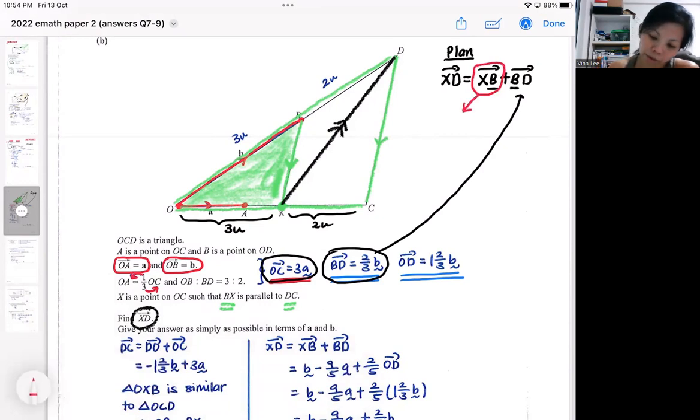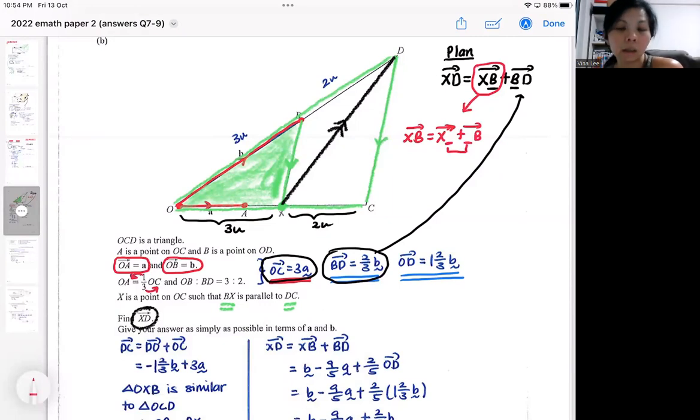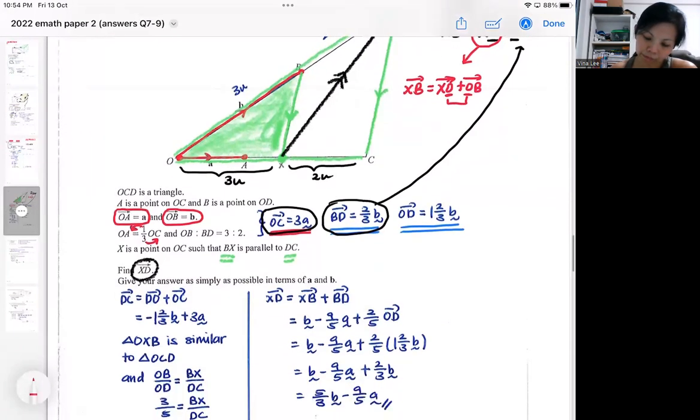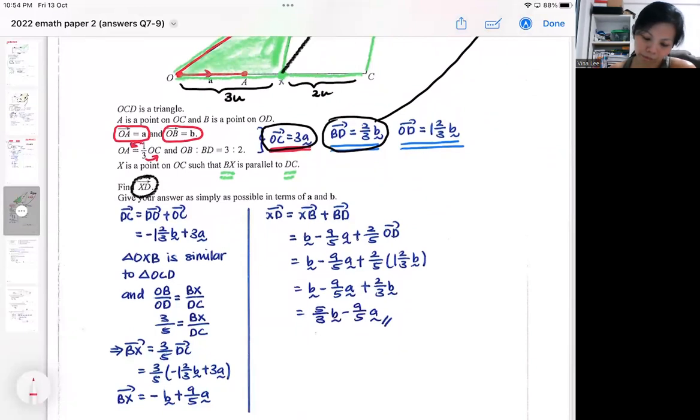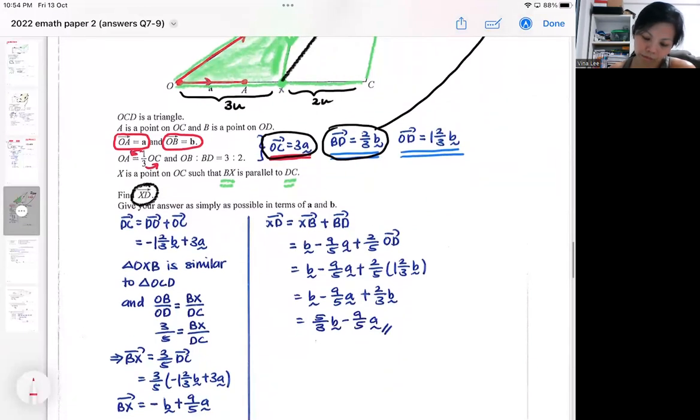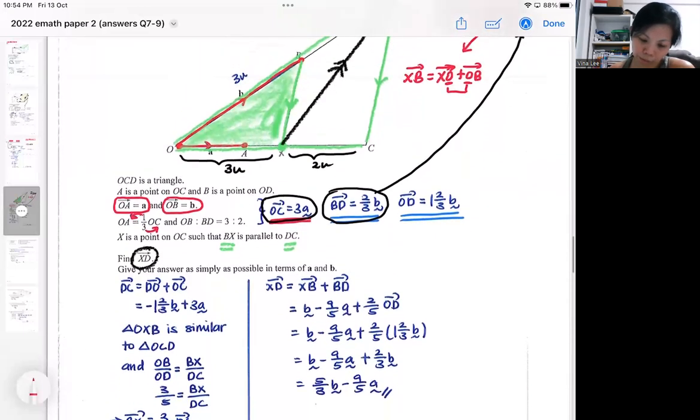How am I going to find my XB? Another fill in the blank. So it should be XO plus OB.